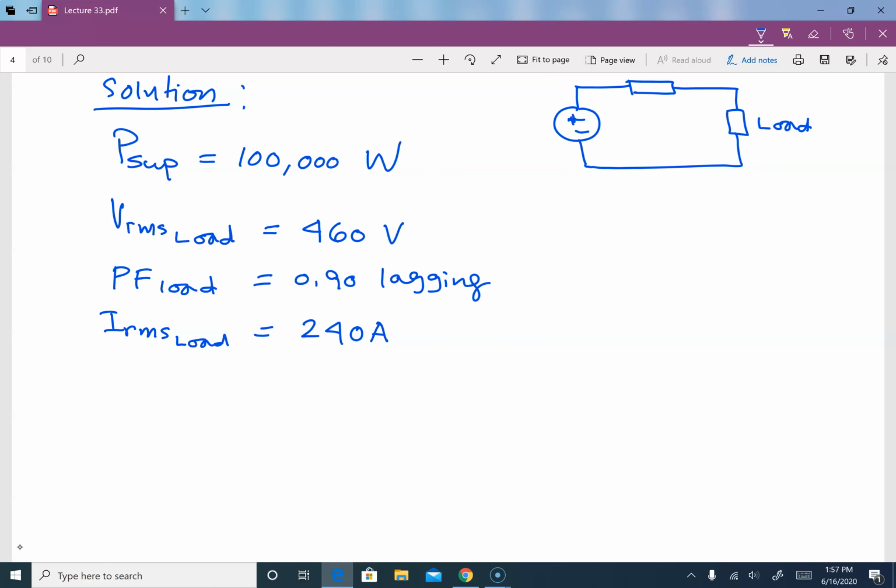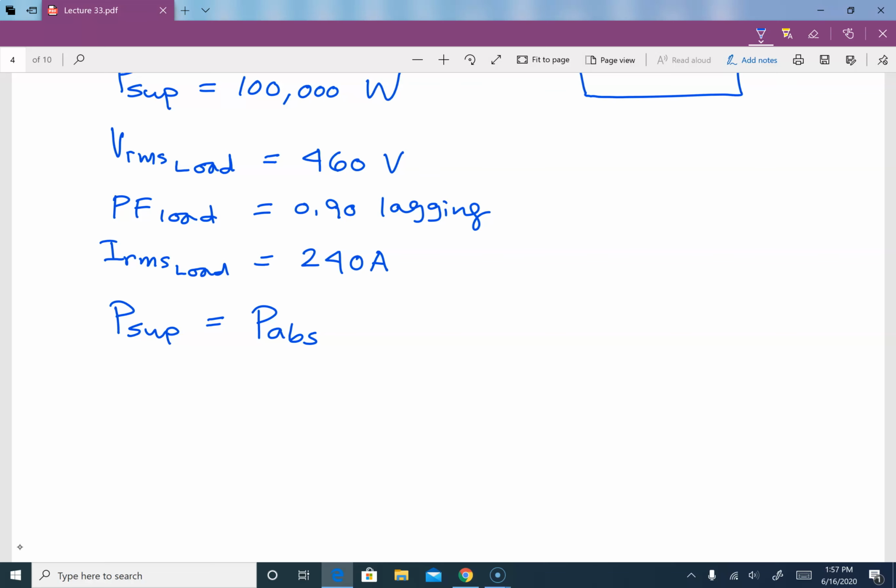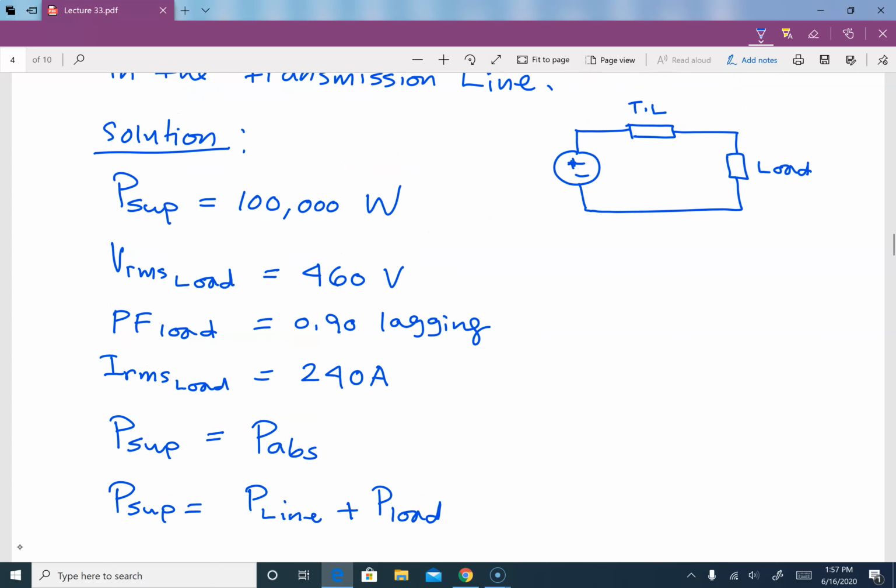Since we know that P supplied should equal P absorbed, the P supplied is equal to the P line plus the P load, because as you can see, this here is supplying, this is absorbing, and this is absorbing.